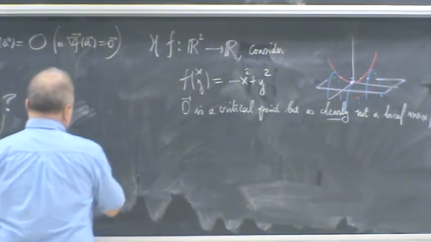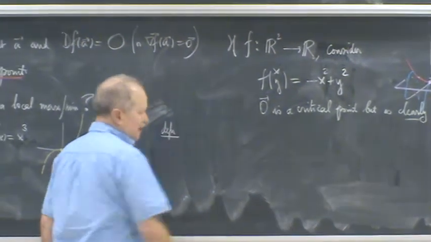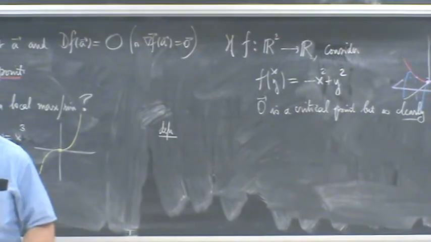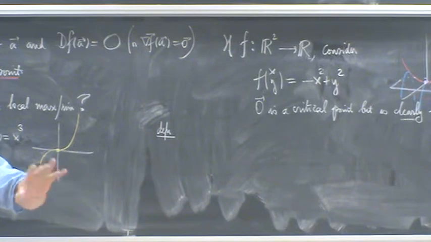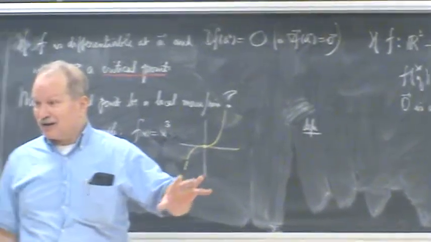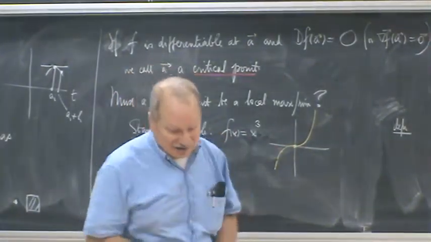So, the definition. And I'm warning you, the author of the book screwed up. If you're going to look at the book, there's a big typo here. Look at the errata sheet and fix it.